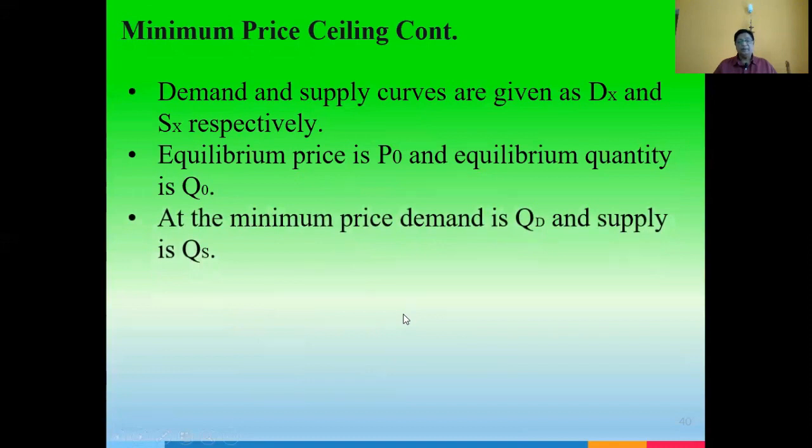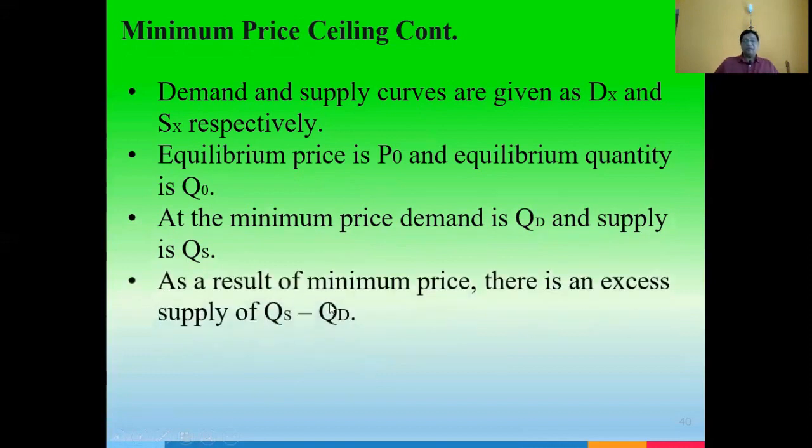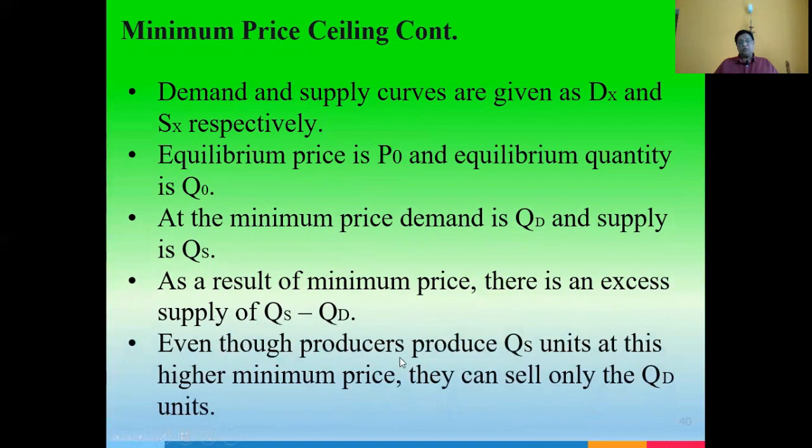At the minimum price, demand is QD and supply is QS. As a result of minimum price, there is an excess supply of QS minus QD. Even though producers produce QS units at this higher minimum price, they can sell only QD units.